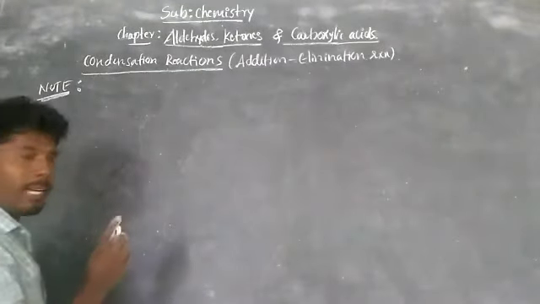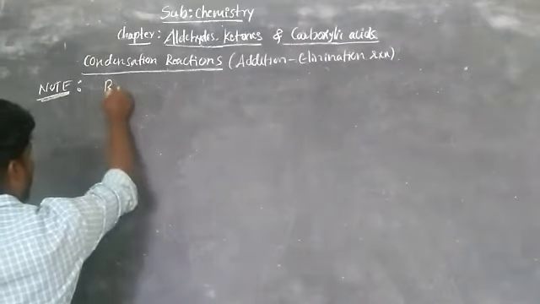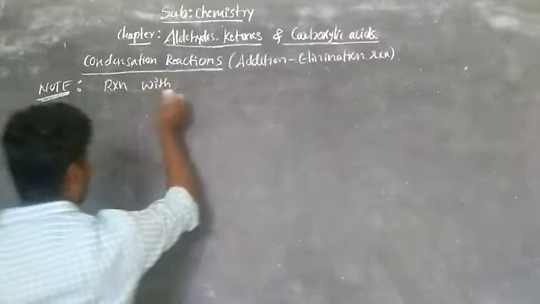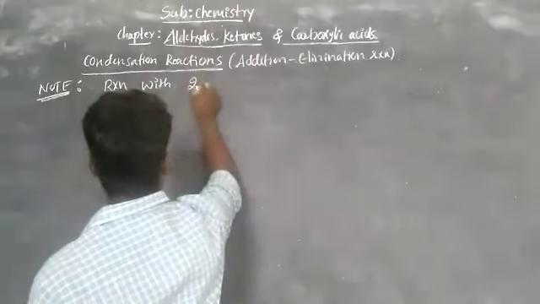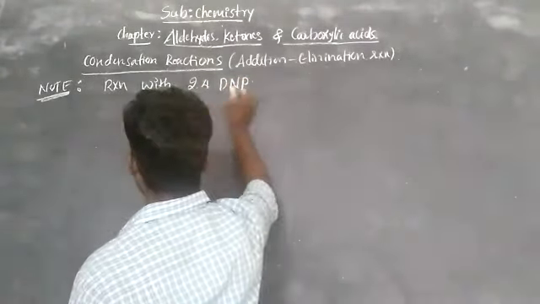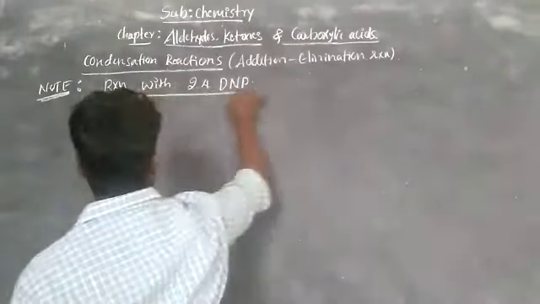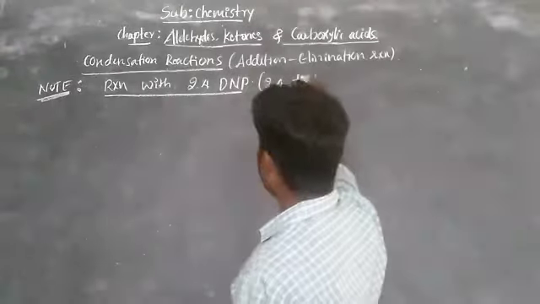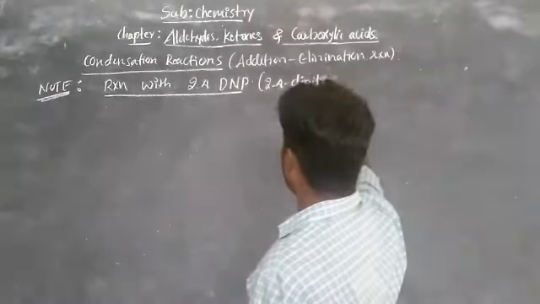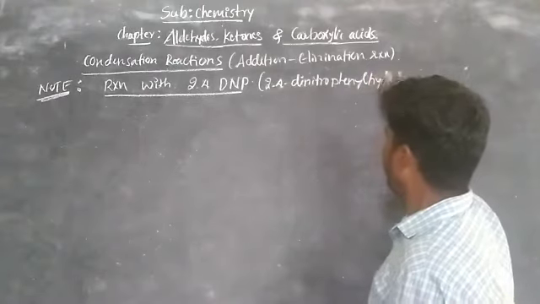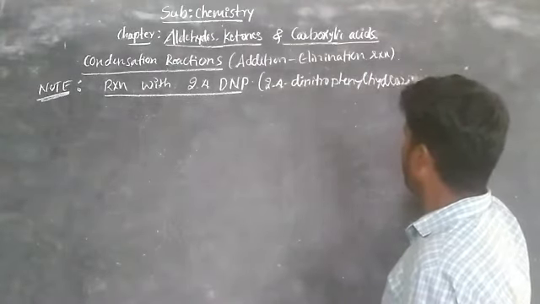Note, very important students, under the third point, that is reaction with 2,4-dinitrophenylhydrazine, that is 2,4 DNP. 2,4 DNP means 2,4-dinitrophenylhydrazine.